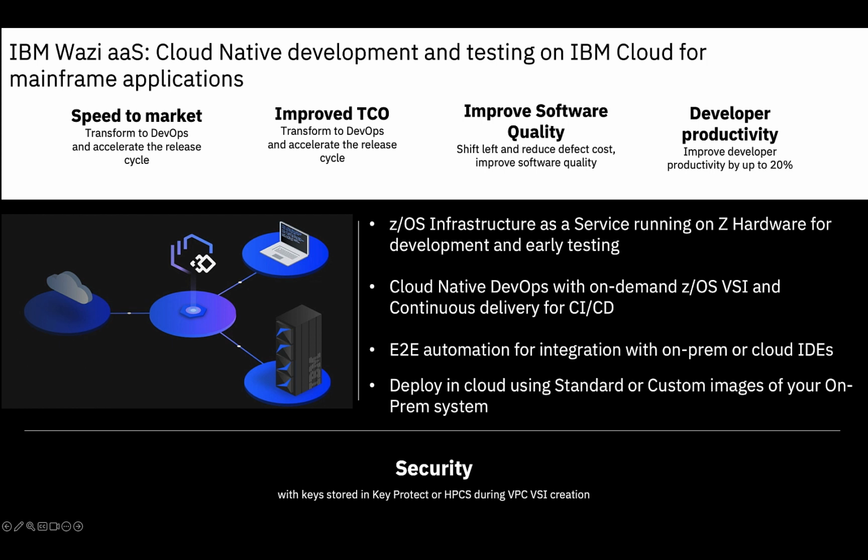But if you want to base your instance on an existing on-prem LPAR that maybe you use for development today, you could point to that LPAR and use another tool that we have made available called z/OS Image Builder to build a custom image based on your on-prem system. The custom image is deployed to cloud storage in two parts, the image and the data volume with your data on it.